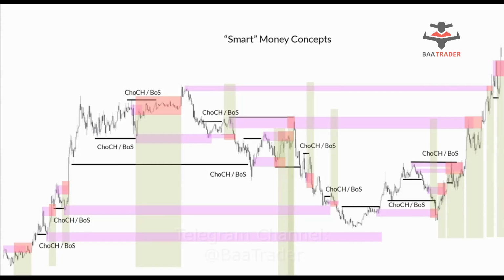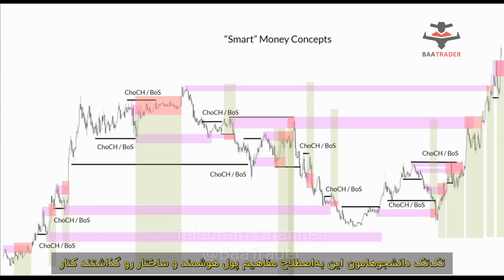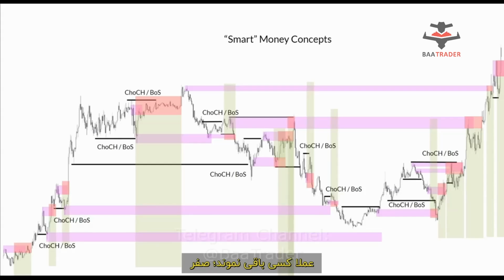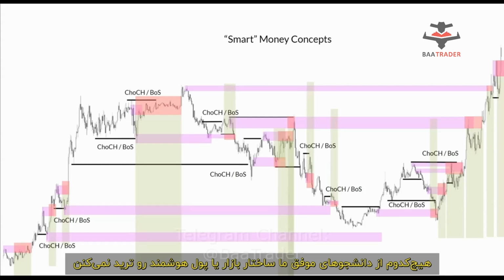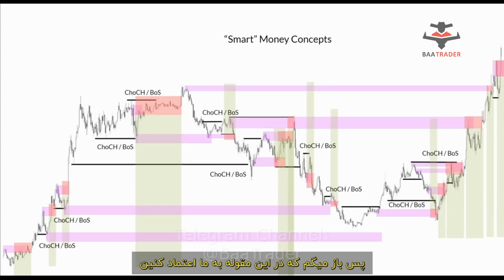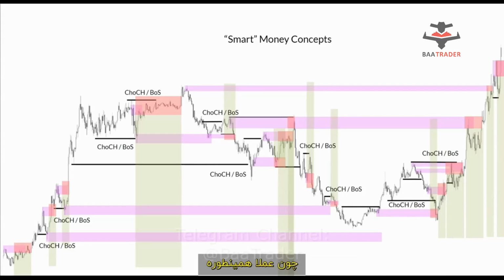And every single one of our students moved away from these quote-unquote smart money concepts and structure. Literally no one, zero successful students of ours trade market structure or smart money. So just trust us on this one, because that's literally the case.